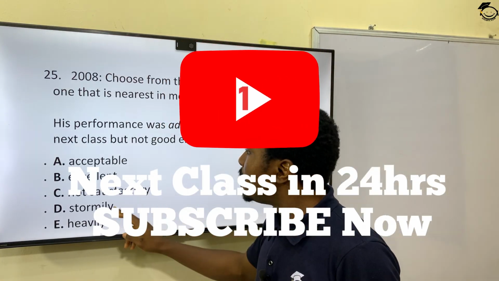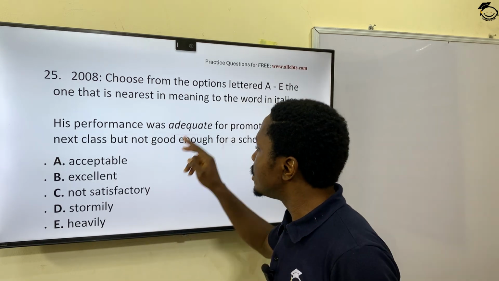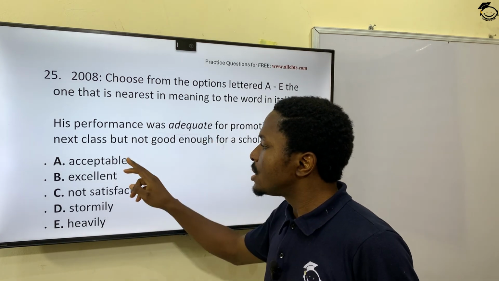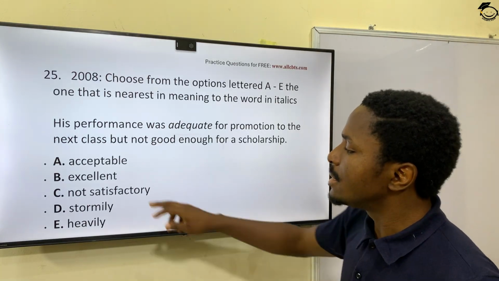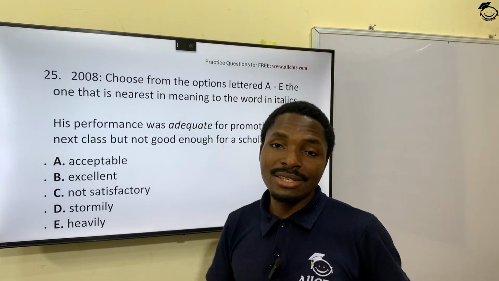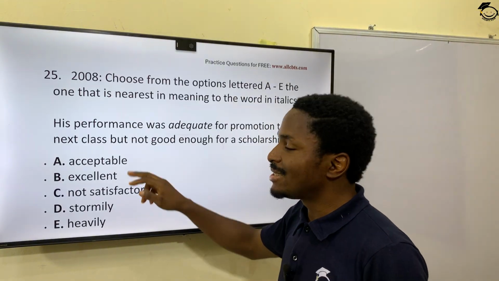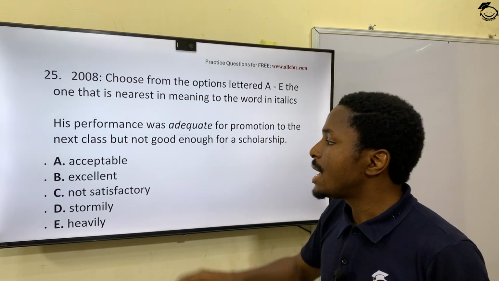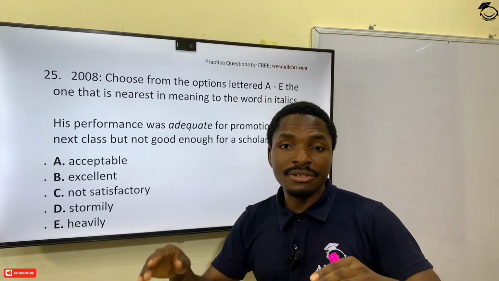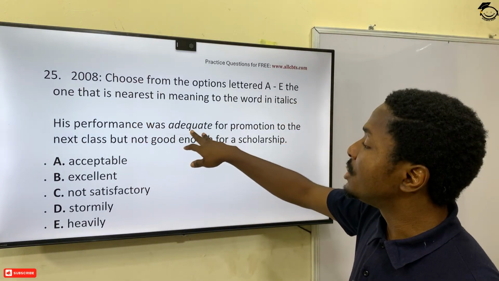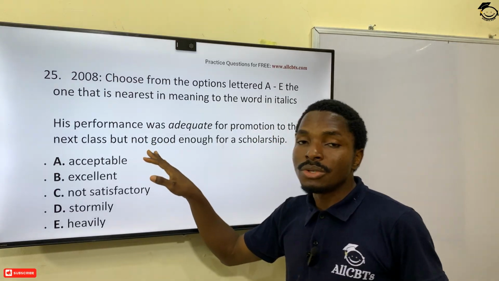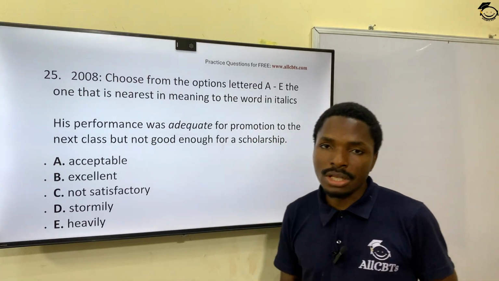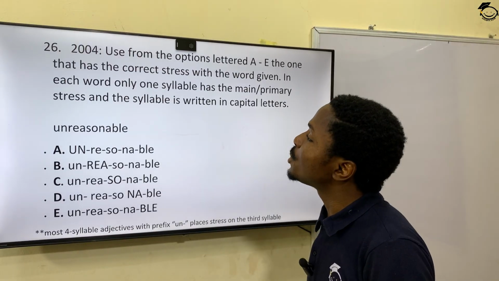So stormily is not adequate. Heavily is not adequate. So we are left with acceptable and excellent. Excellent is beyond adequate, so it's got to be acceptable. Acceptable means satisfactory, average. So his performance was average or acceptable for promotion to the next class, but was not good enough for his scholarship.